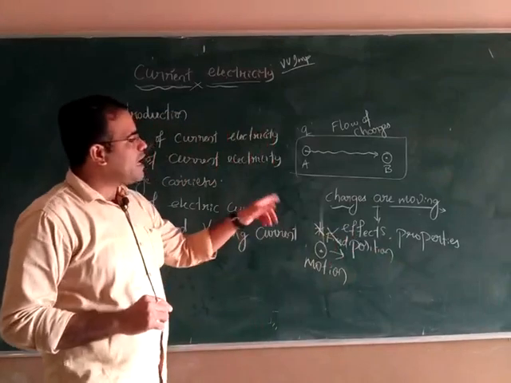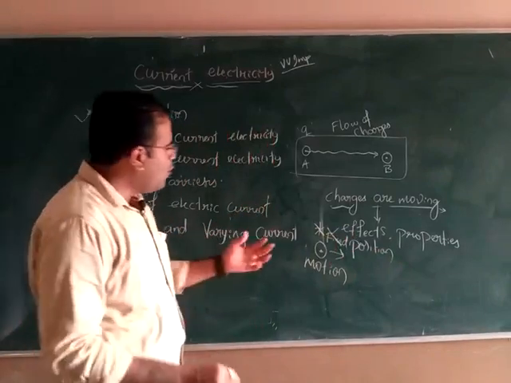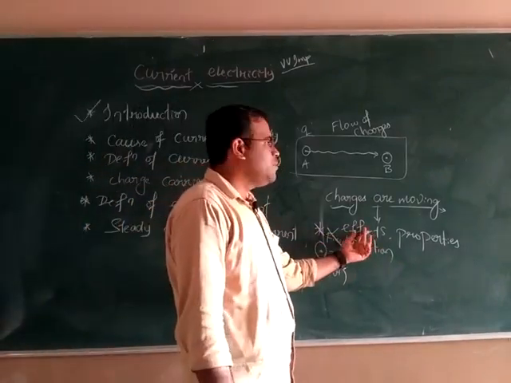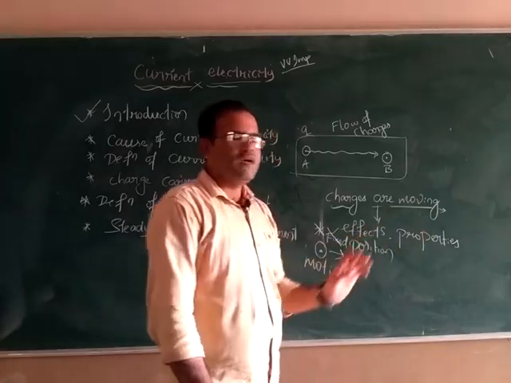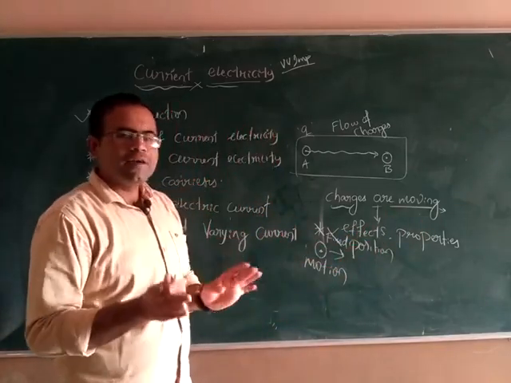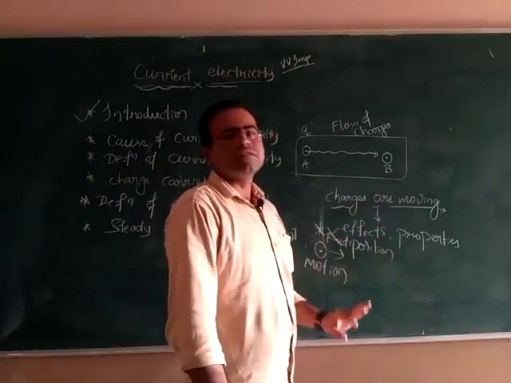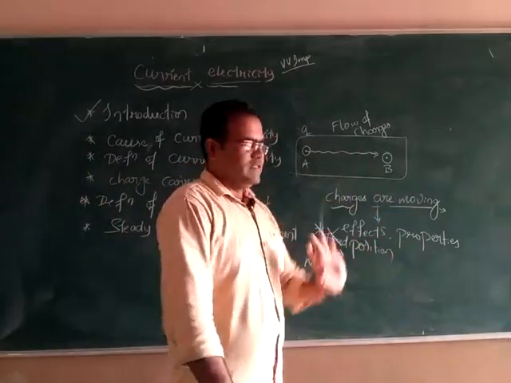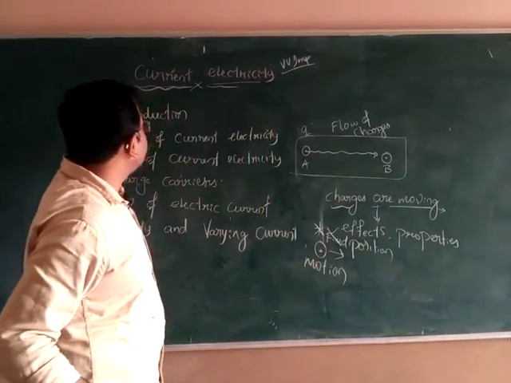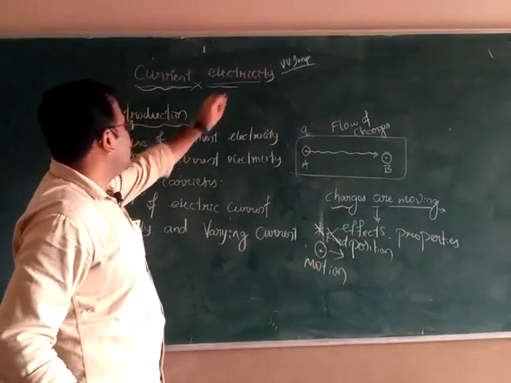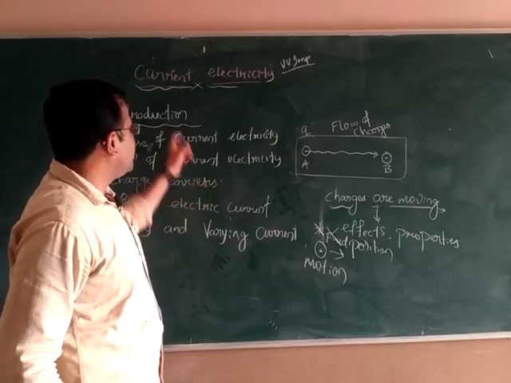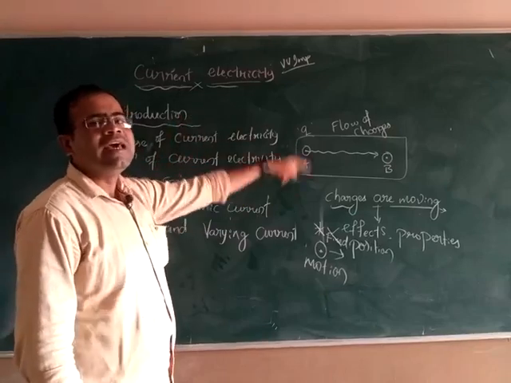When they don't have a fixed position, what are the effects produced by these movable charges, or what are the properties you are going to discuss about these movable charges or the flow of charges here? So that you are going to discuss in the form of an introduction part. This implies the introduction part, in the sense of why this chapter is essential.